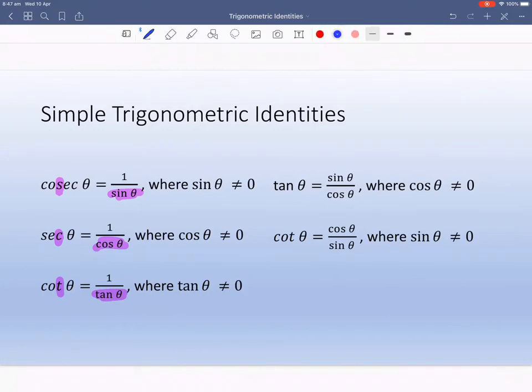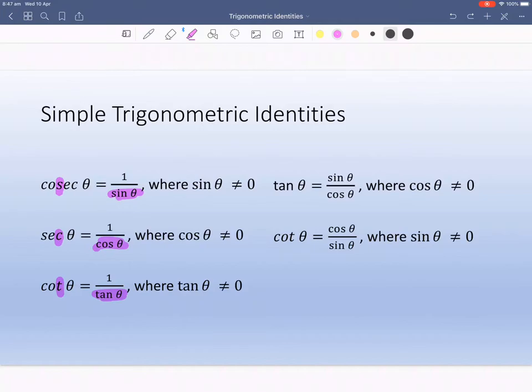Now, one of the most important ones, yet one of the most simple ones, is tan theta is sine theta over cos theta. It's really important that we remember that. One value that cos can't be is when cos theta equals 0.